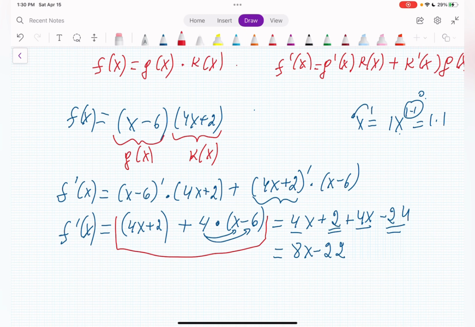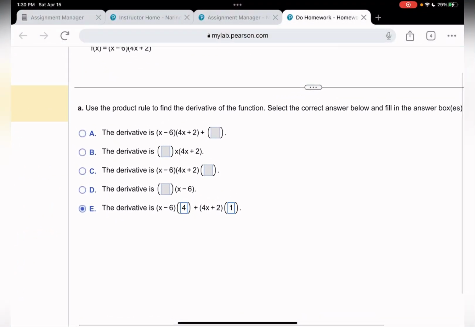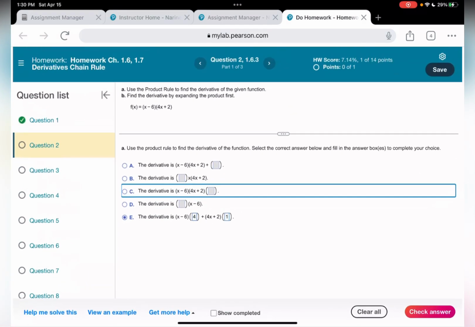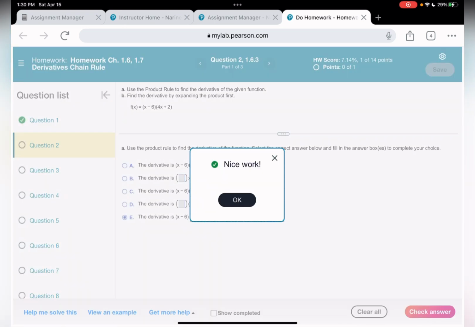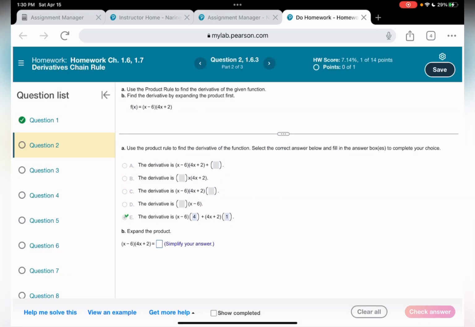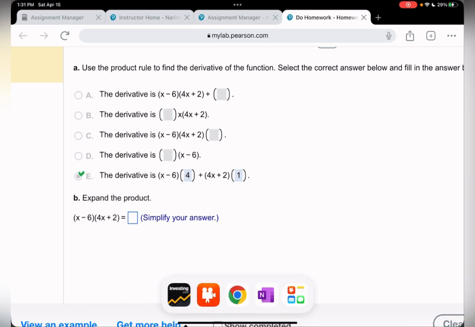So let me double check. We have x minus 6 times 4 and 4x plus 2 times 1. Okay, let's check it. All right. We need to expand the product, x minus 6 times 4x plus 2.